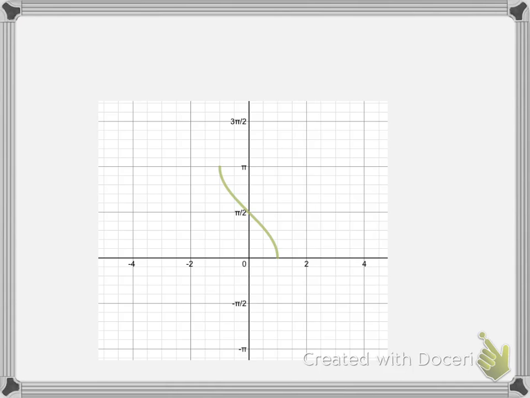So here is the graph of our cosine inverse function, and notice that it is a function because it passes the vertical line test. And what we've done is now put the ratios on the horizontal axis. The ratios are now our inputs, and we've put the thetas on the vertical axis.